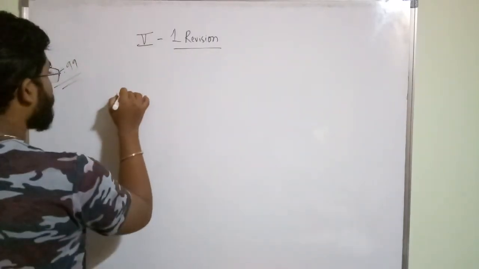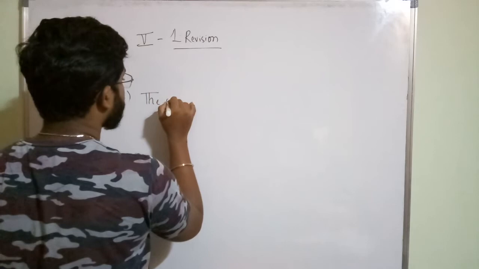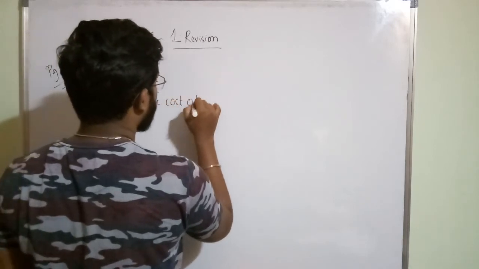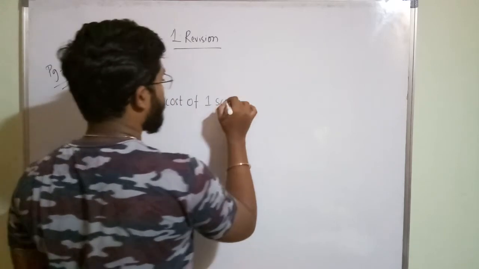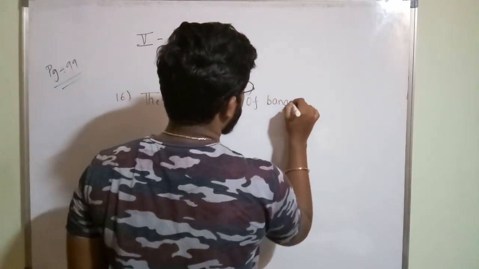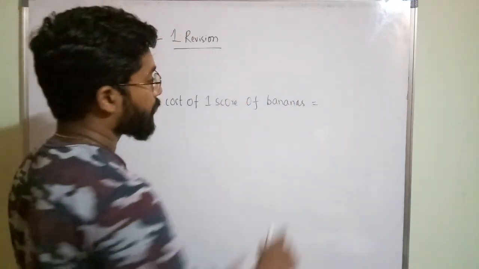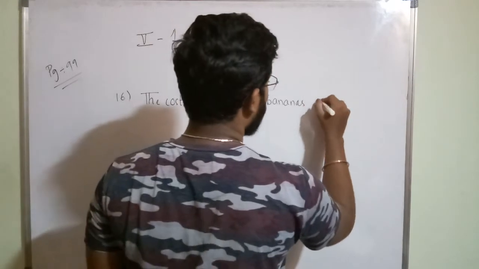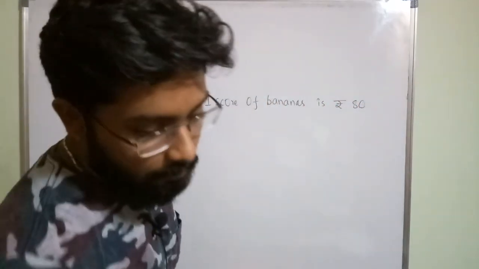Sixteenth question is what? The cost of one score of bananas is 80 rupees. He is telling it is 80 rupees.